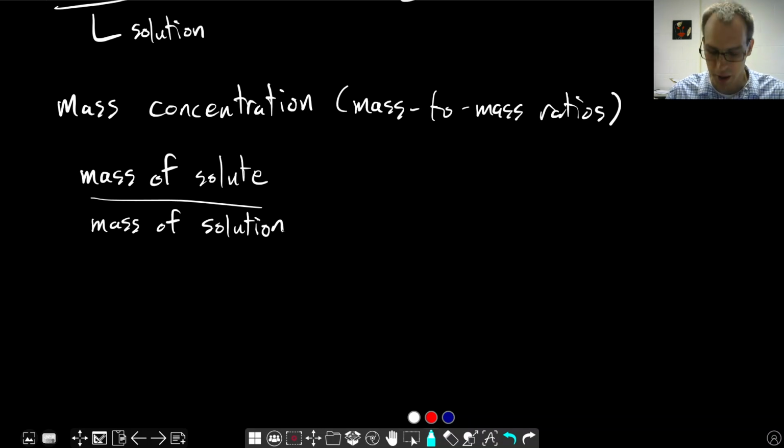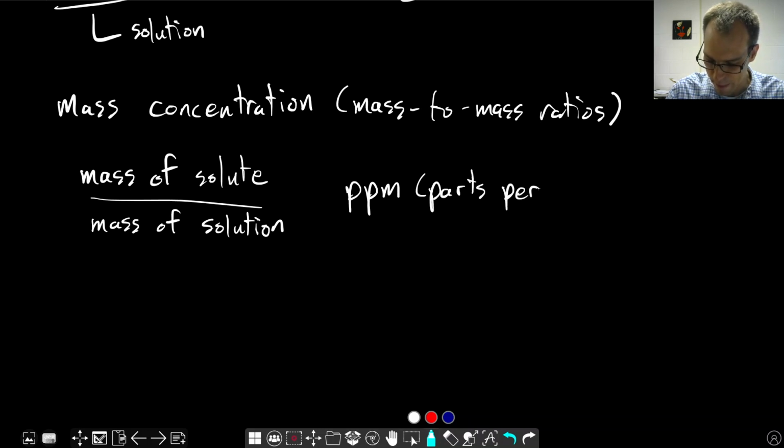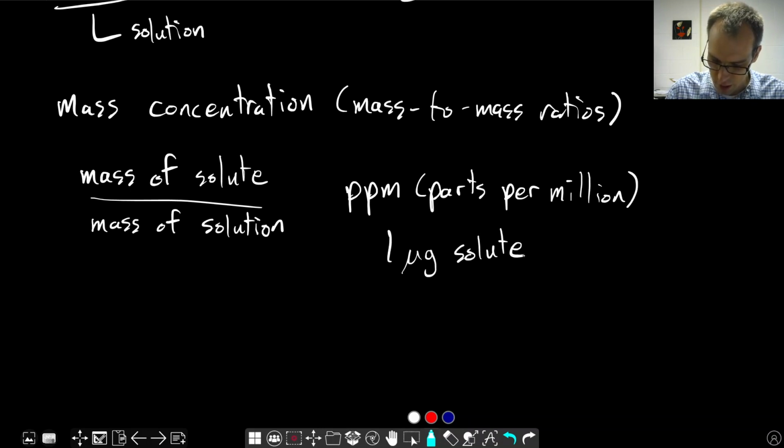Two of these that are really common are ppm, or parts per million. This is equivalent to 1 microgram of solute for every 1 gram of solution.